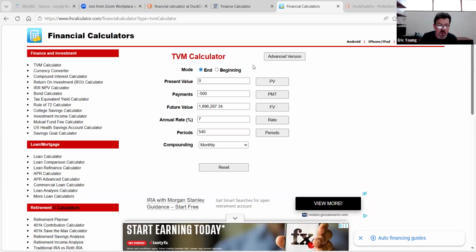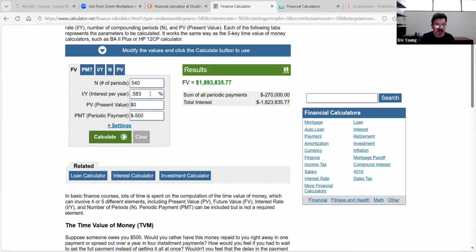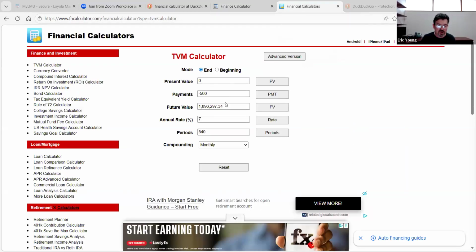These things happen, but there you go. So now we have two options. We have the finance calculator here, where you're going to manually adjust the interest rate and the N, or we have this calculator where you leave the interest rate alone, and then you just account for the monthly thing, solve it, 1,896,297.